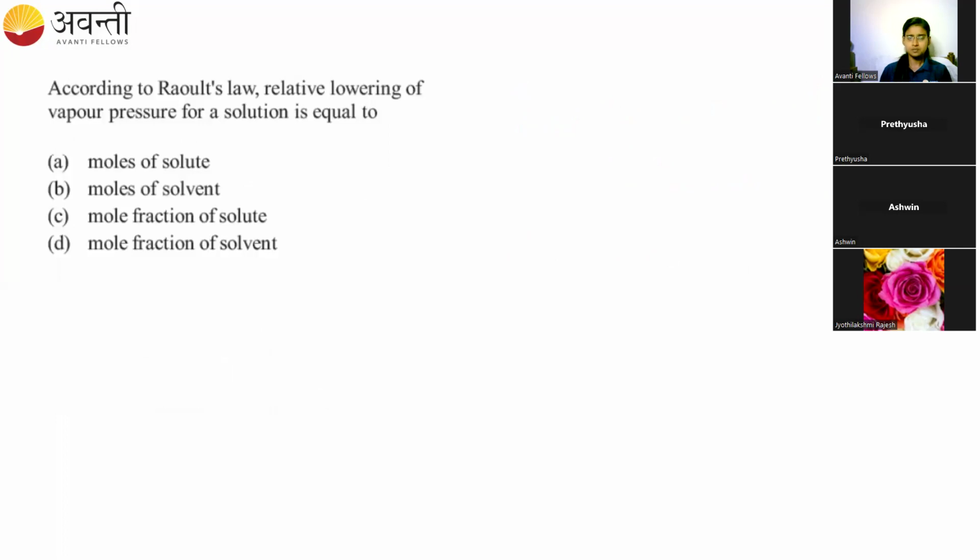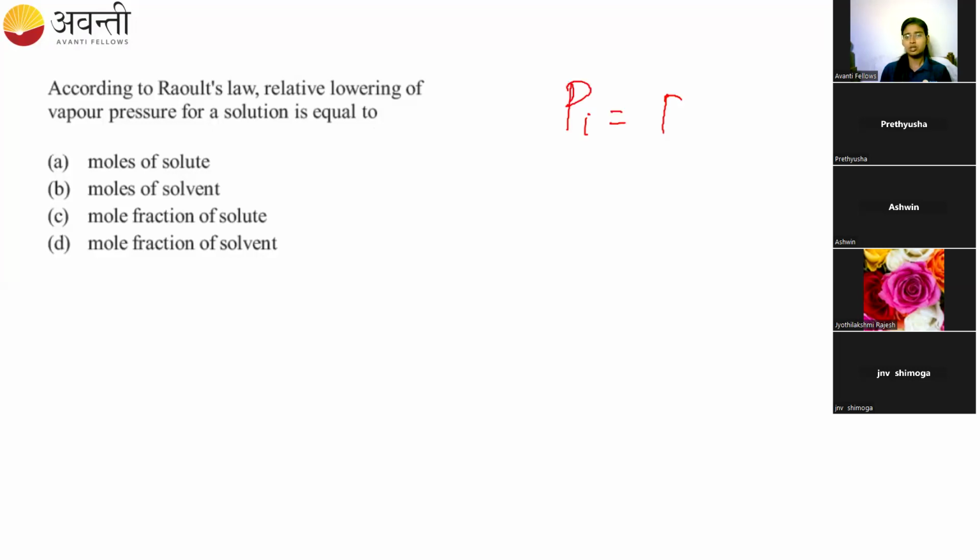According to Raoult's law, the relative lowering of vapor pressure for a solution is equal to what? According to Raoult's law, the vapor pressure is equal to Pi naught into Xi, right? So this is the vapor pressure of the pure component and this is the mole fraction of the solute.